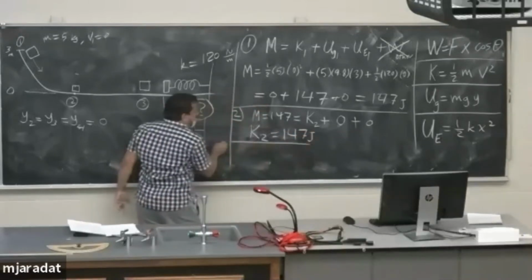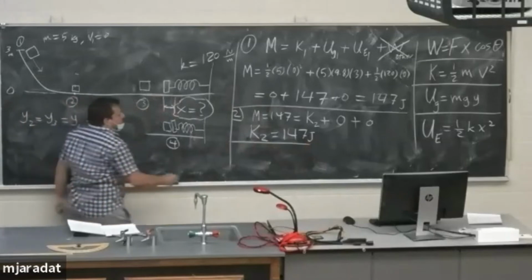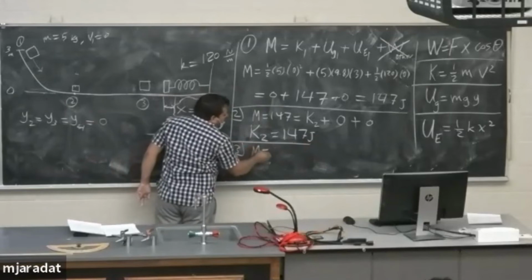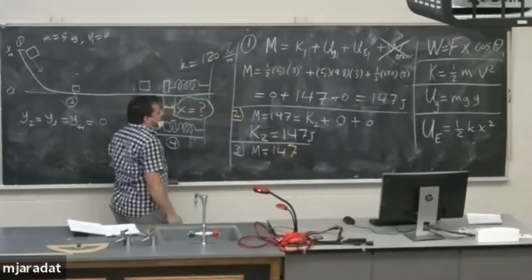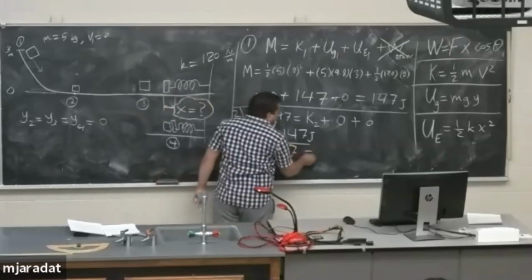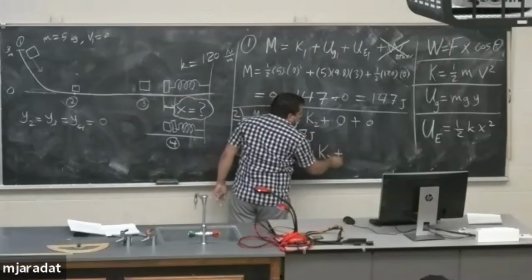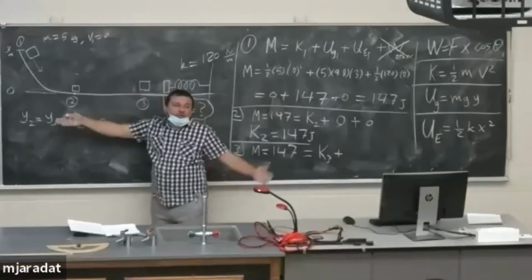It's simple. What about point number 3? It is the same. Mechanical energy is equal to 147, which is equal to the kinetic energy at point number 3 plus the potential energy at point number 3. The altitude is 0, the same 0.